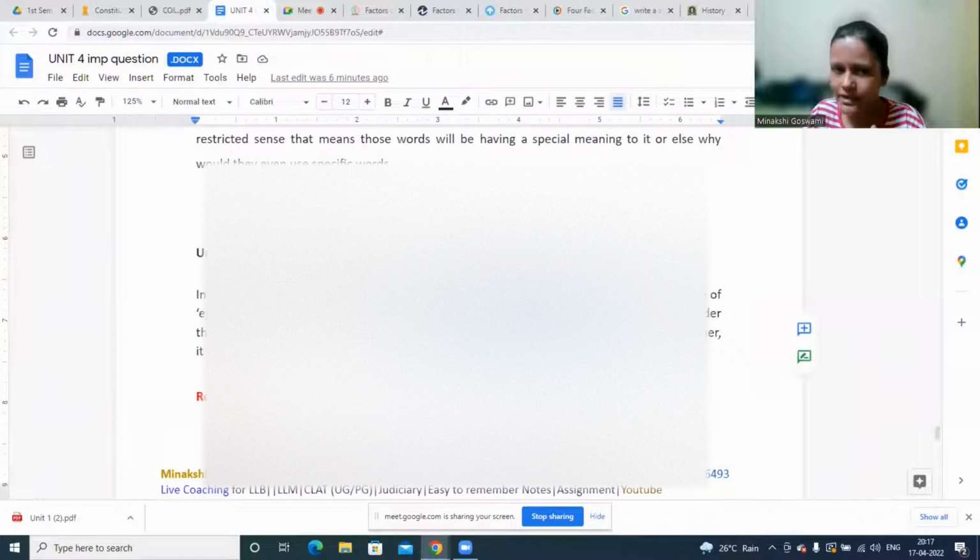So in this particular case, the court applied the Ejusdem generis principle, and the court said that university is not falling under this definition of Article 12. It cannot include persons, natural or juristic, for example, unaided universities, etc. These are not performing any sovereign function. These would not fall under the definition of Article 12.